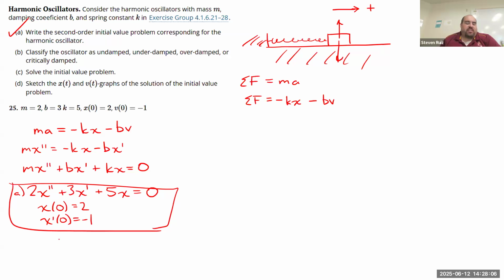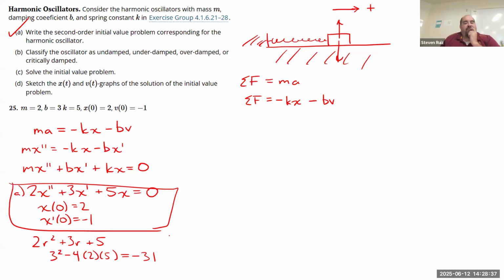Our characteristic equation is 2r squared plus 3r plus 5, which means our discriminant is 3 squared minus 4 times 2 times 5, 9 minus 40, which equals negative 31. So that is imaginary.